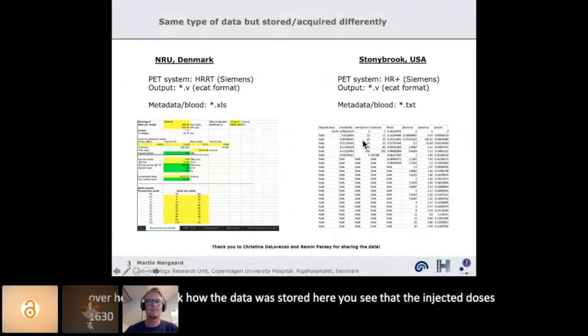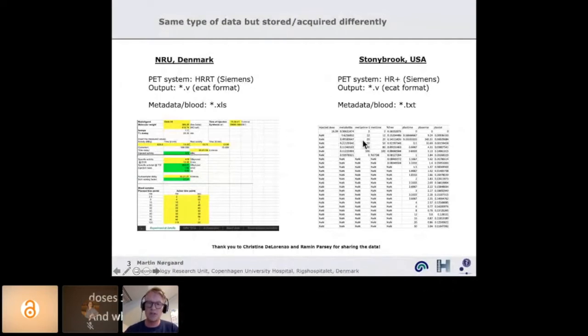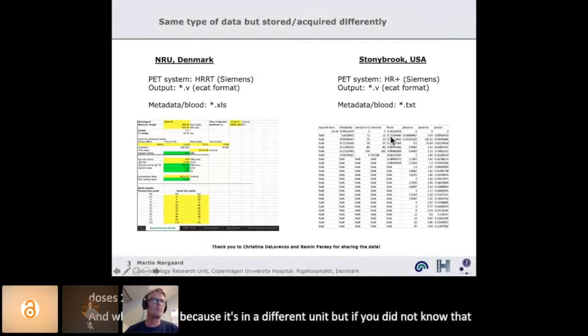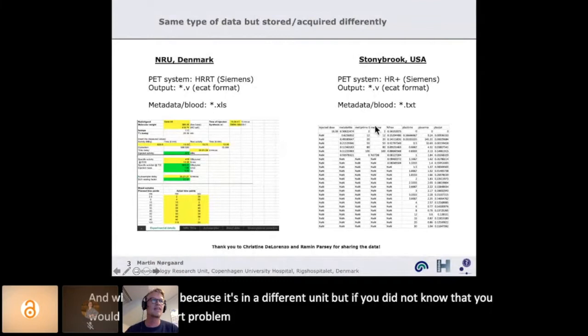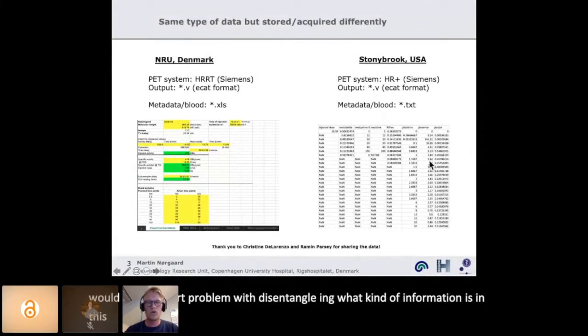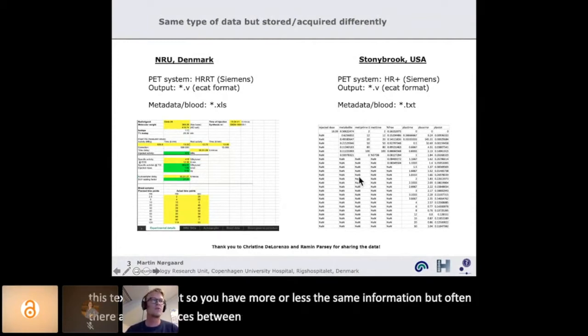Why is that? Because it's in a different unit. If you did not know that, you would have a hard time disentangling what kind of information is in this text document. So you have more or less the same information, but often there are deviations between the documents, making it difficult to take this data and use it in an analysis directly.